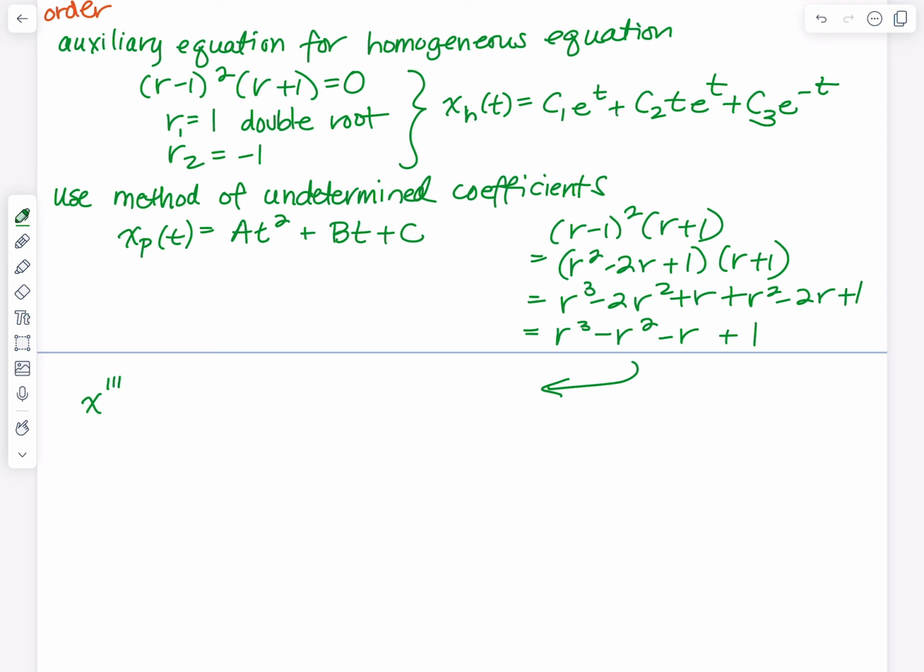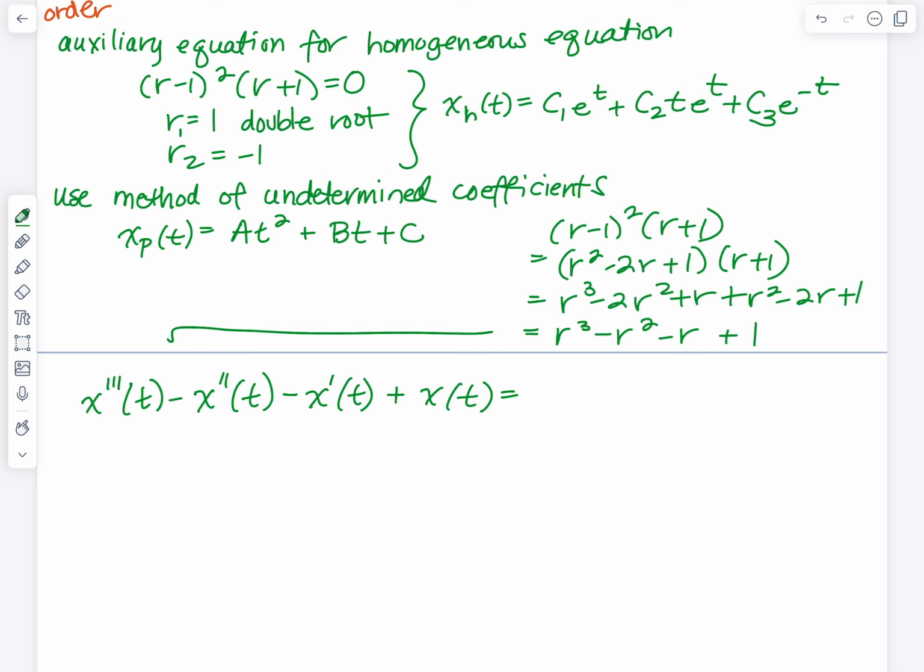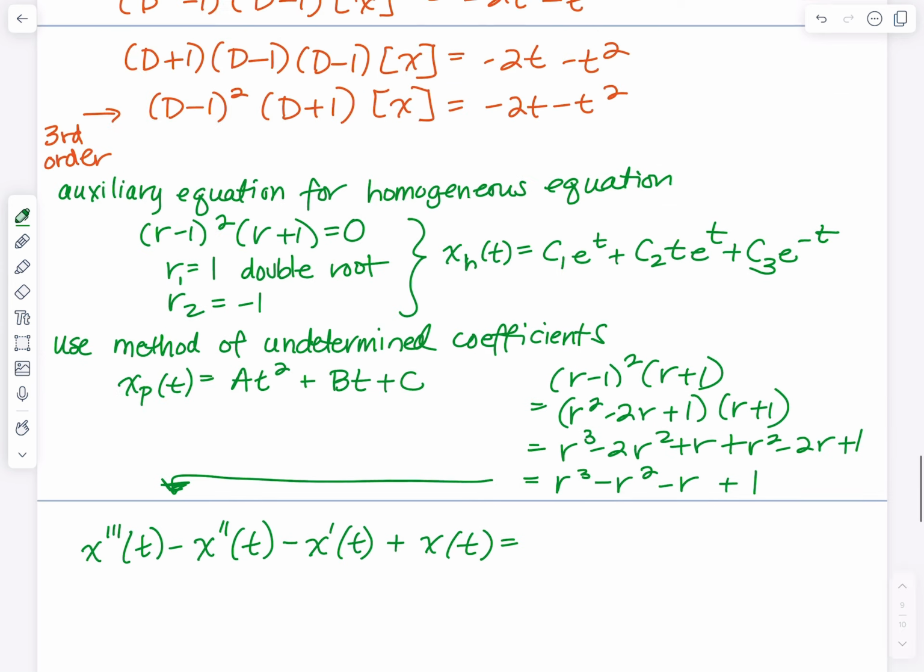So that gives us x triple prime of t minus x double prime of t minus x prime of t plus x of t equal to, and what do we have here?